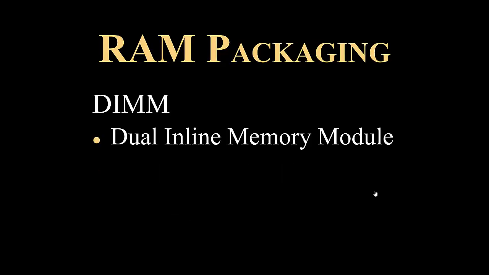Now, how is RAM packaged or placed on a board so that you can actually put that inside your computer? Well, the current most common form of RAM packaging is called DIMM, or a dual inline memory module. It looks basically like a really small expansion card, but it has lots of contacts on it.